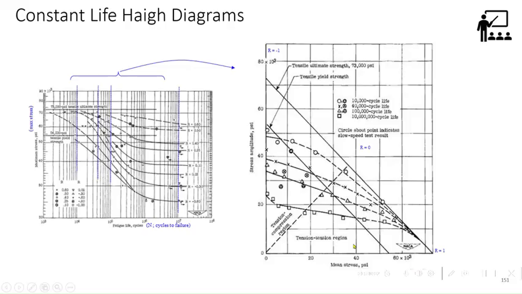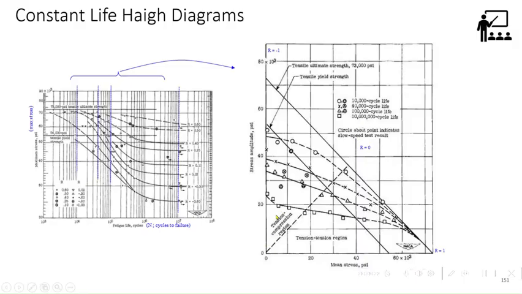Now the constant life means what it says. You can see that plot: open hole, solid cross, then triangle, open triangle and open square. What it actually says is the combination of stress amplitude and mean stress that gives this. So this square is what, 10 to the power 6, right?